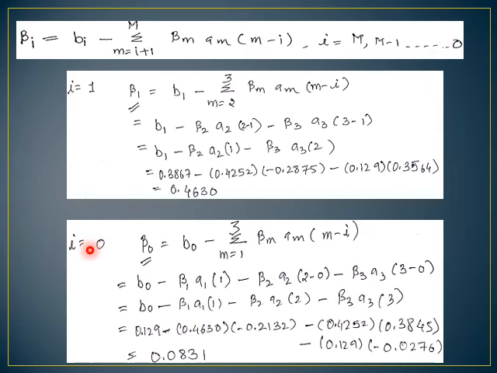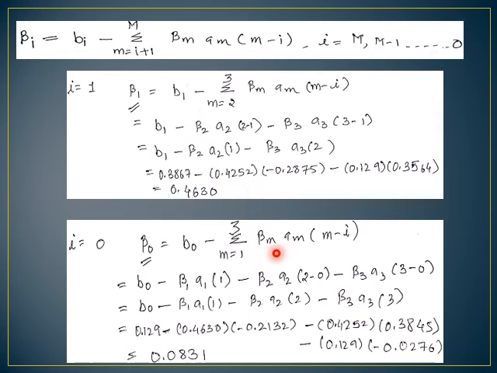Similarly, we will calculate I equal to 0. So beta 0 equals B naught minus the summation. I is 0 now, so the value of M is going to range from 1 to 3, as the order of the zeros is 3 only.